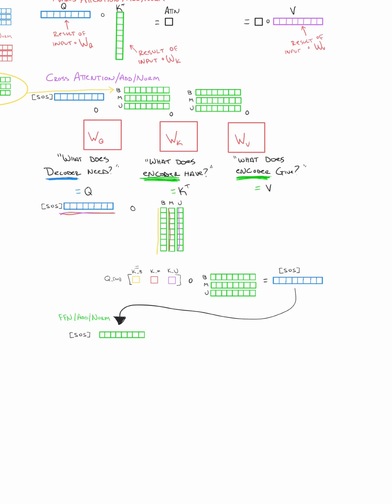Now, assuming we only have one decoder, just for simplicity, our SOS token will be used to predict the next token in the sequence. Rather than mapping to one of 10 classes, like our example encoder-only model, our decoder will have a column vector and its weight output matrix for each of the tokens in our entire tokenizer vocabulary.